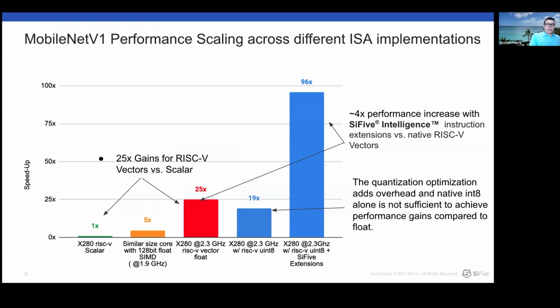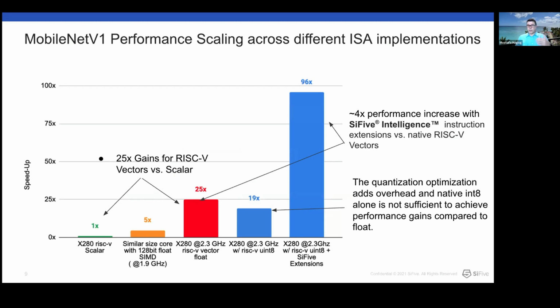As I mentioned before, this is focusing on MobileNet V1 and showing the performance results and the scaling across different implementations. Our baseline here is RISC-V Scalar on X280. One might argue that this is just not optimized, which is true.